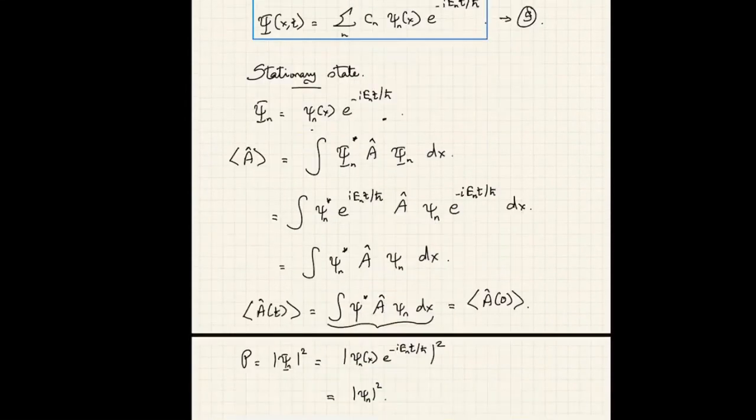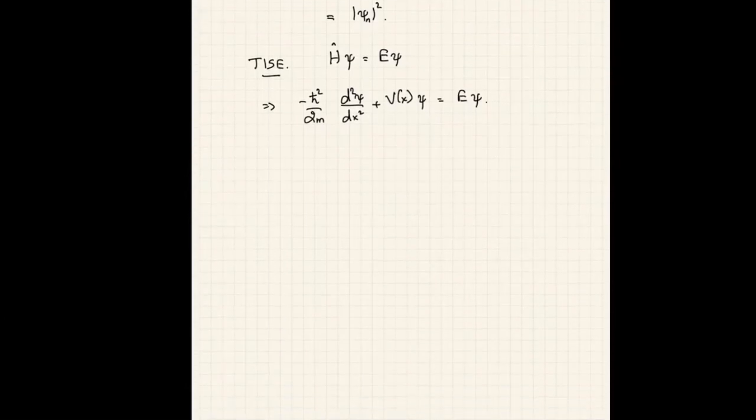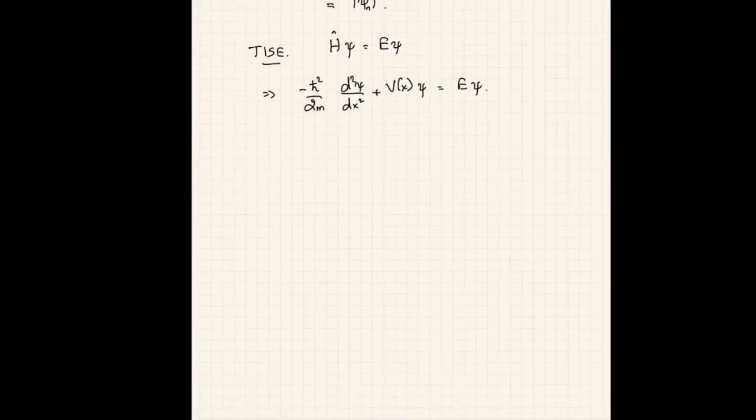So the goal is to take very simple examples and tell you how to calculate these psi of x's, how to solve the time independent Schrodinger equation, and then how to construct the most general solution in these cases, and then to calculate some simple probabilities and things like that for all these different cases. So this is the solution of the general time dependent Schrodinger equation problem.